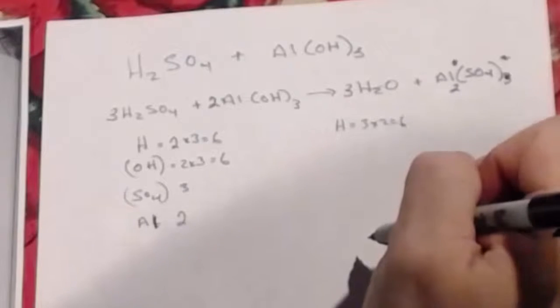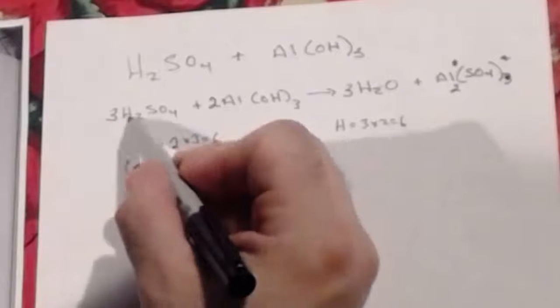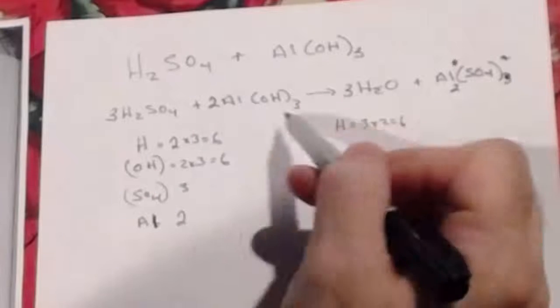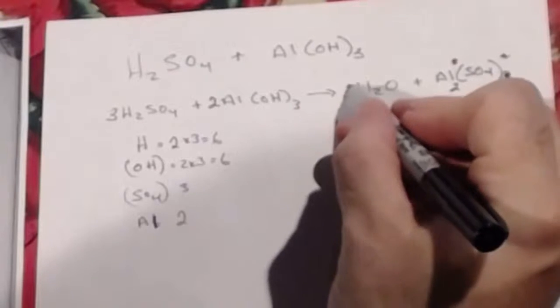You see what's happened here? We have one of our hydrogens from here in the waters, but we have one of our hydrogens from here. So we've got 6 hydrogens and only 3 times 2 is 6 OHs. So it's not going to be 3 here, is it? It's 3 sets of 2, which is going to be 6.